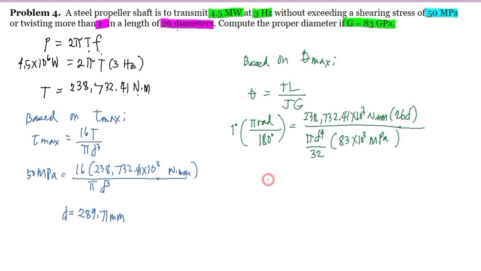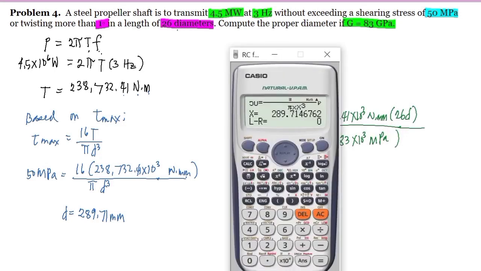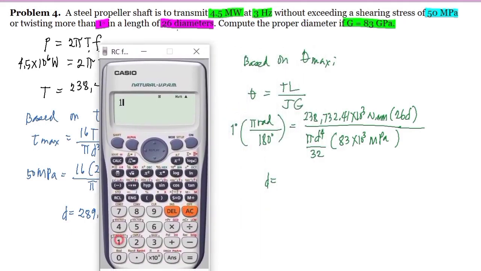So computing for the value of the diameter D, we have 1 times pi over 180 degrees is equal to 238,732.41 times 10 to the 3 times 26 multiplied by the diameter over pi times diameter to the 4th over 32 multiplied by 83 times 10 to the 3.